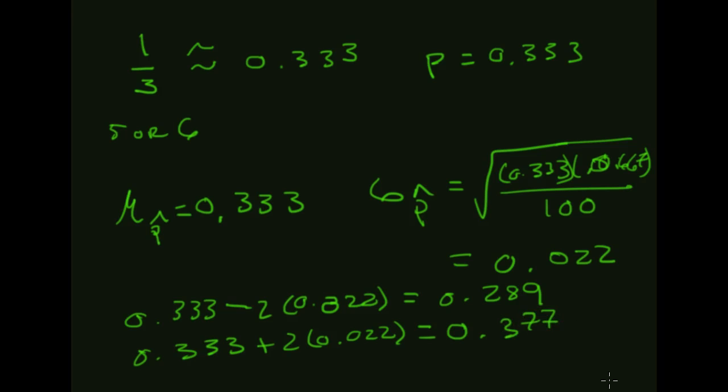So of these sets of 100 die rolls, if I were to roll a die 100 times and count the number of 5s and 6s, then between 28.9% and 37.7% of those die rolls should be 5s or 6s. So that gives me the normal target.